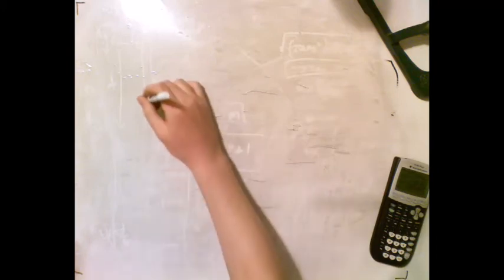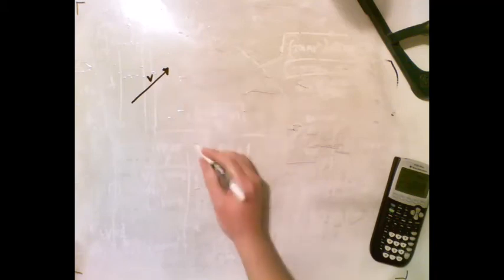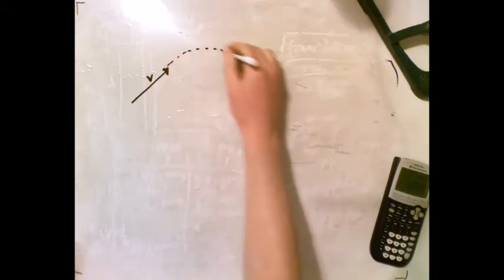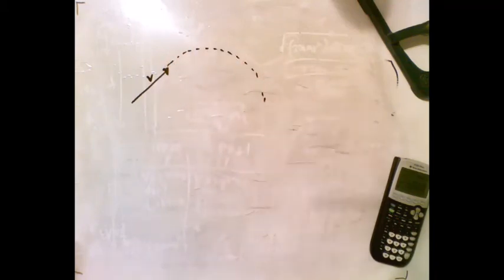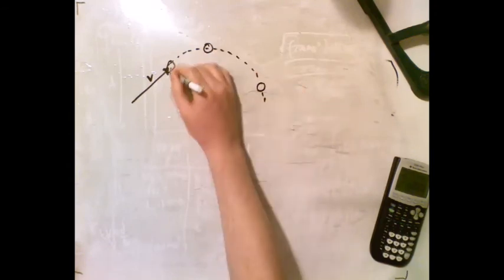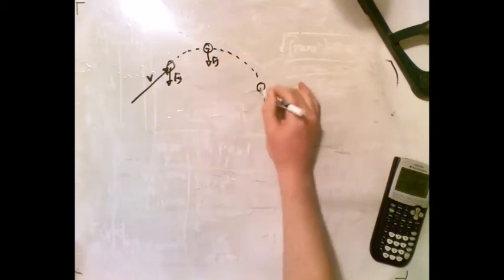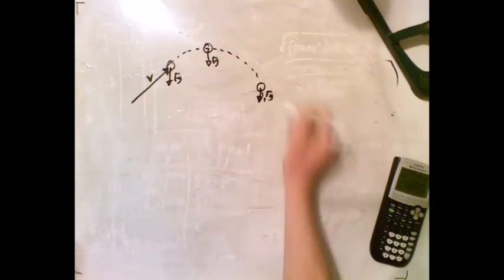So projectile fired at an angle here. So when I fire something at an angle, that's my speed. Right, and we want to do a free body diagram. So for the free body diagram, all the different points here, it's still going to be the force of gravity acting on it if we ignore air resistance like that.